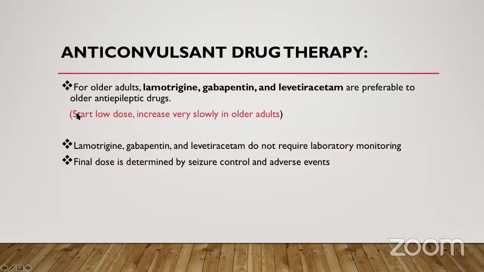We usually start with low doses and increase slowly in older adults according to the patient's tolerance. The good thing about these three medications is that they do not require any laboratory monitoring, and the final dose is determined by seizure control or adverse events, like if the patient develops any side effects, and how well the seizures are controlled on these medications.